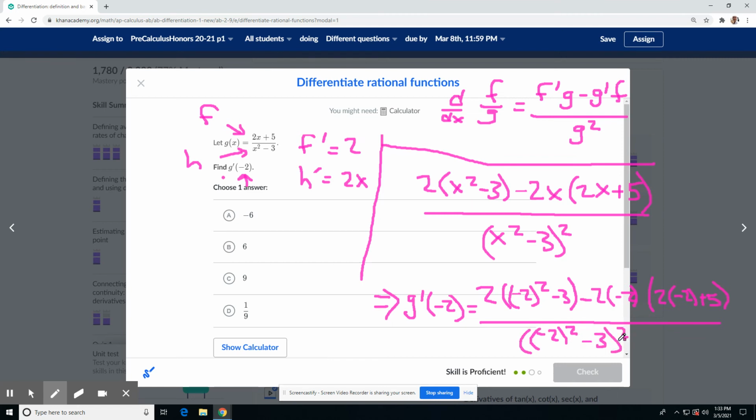Yuck. So simplifying. Sorry about this. This is definitely the hard way of doing it.